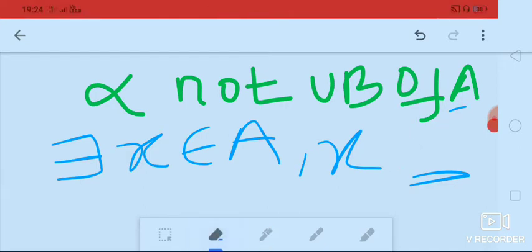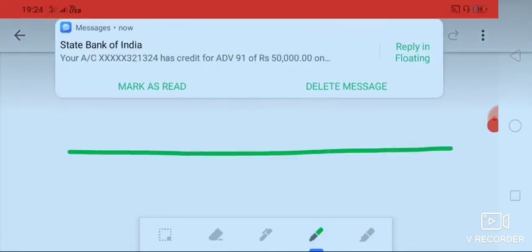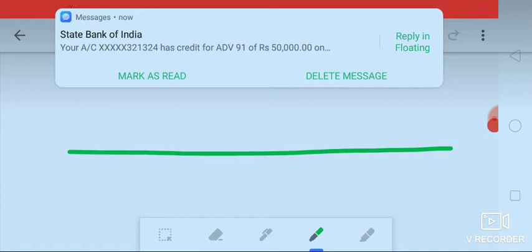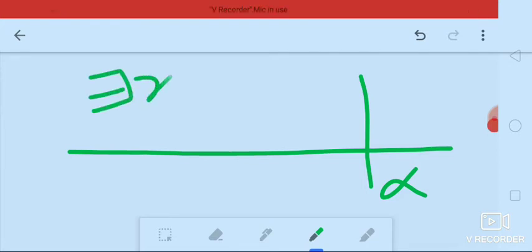We see this graphically. I'm taking a horizontal line, so this is alpha.